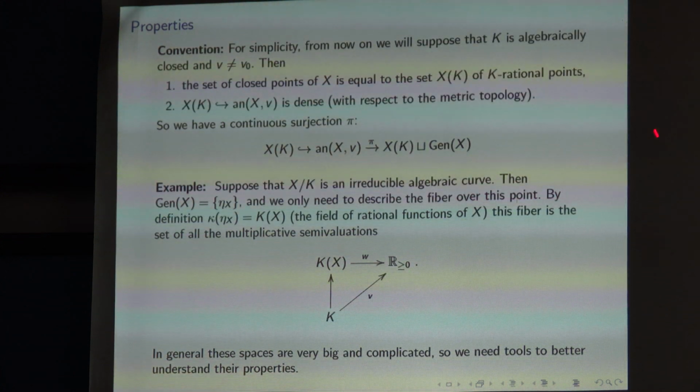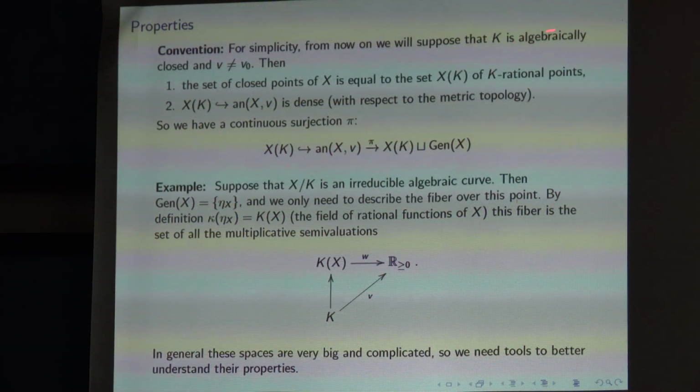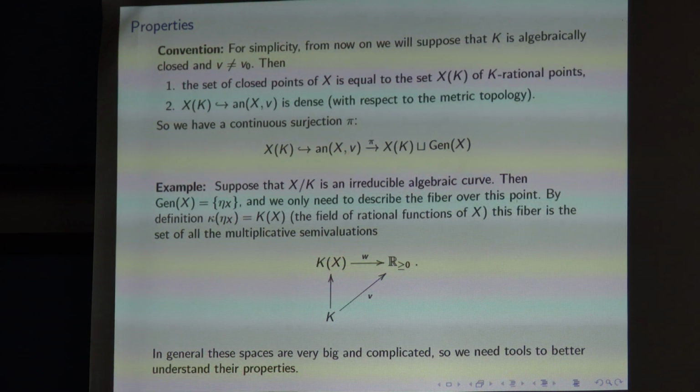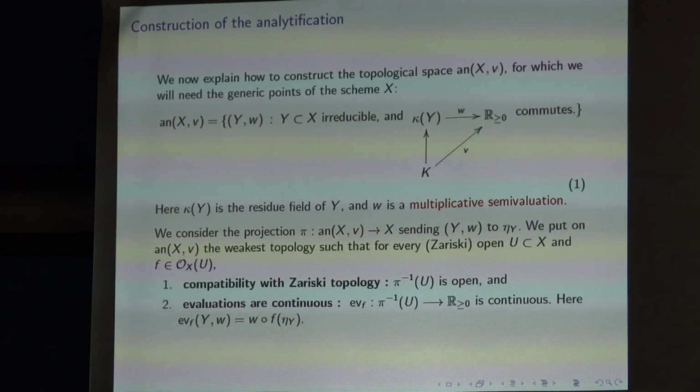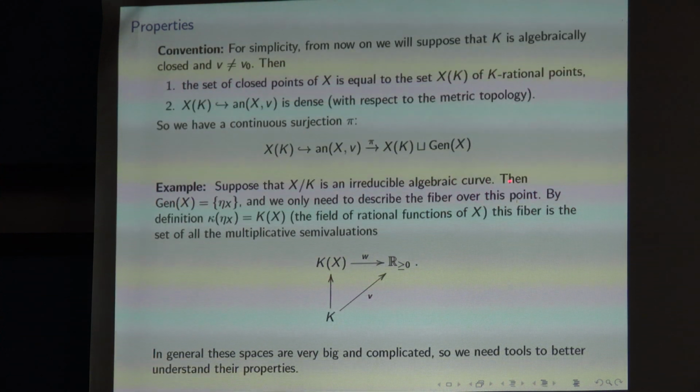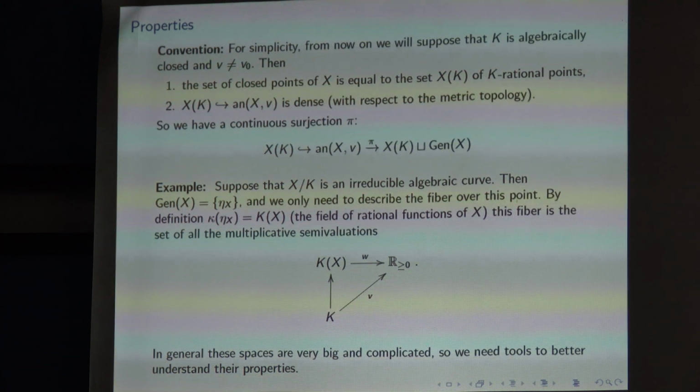But to make things easier, let me suppose that the field is algebraically closed and the evaluation is non-trivial. Then in this case, the set of closed points, that's to say, if you happen to take here an irreducible variety which is a point, then the residue field is an algebraic extension of your base field, which is algebraically closed. So you don't have deformations of the evaluation.